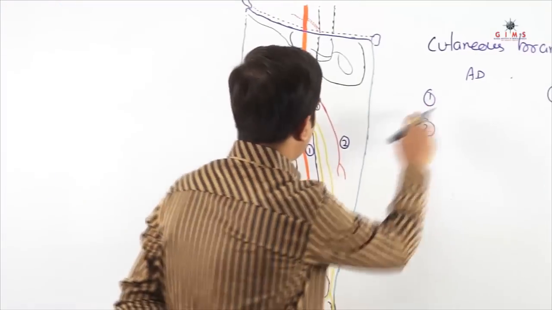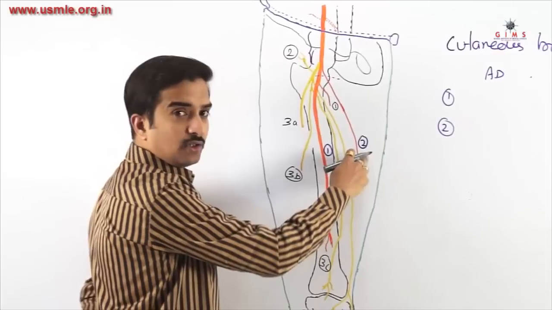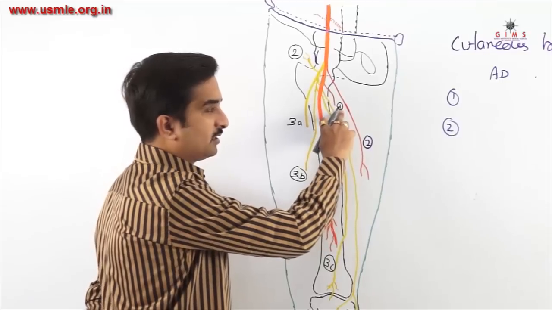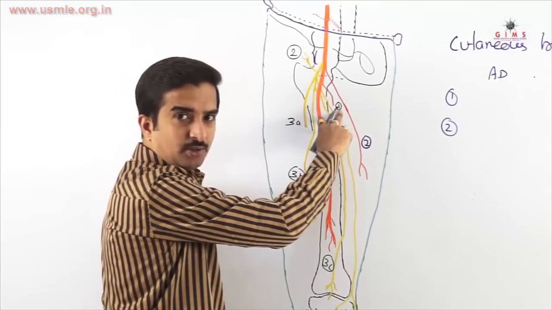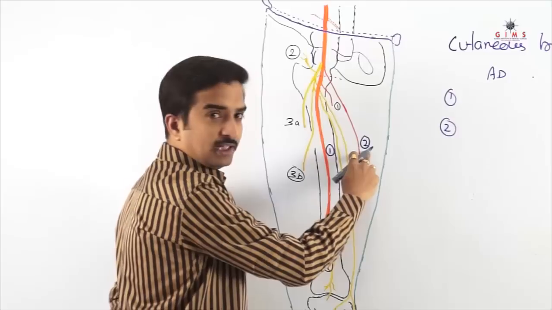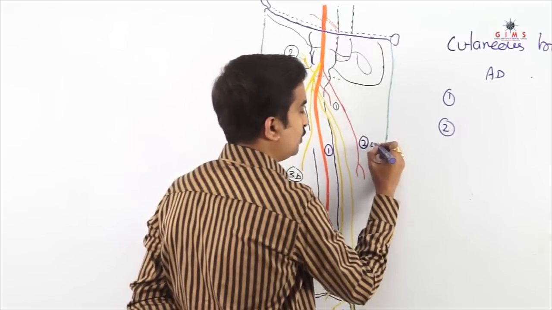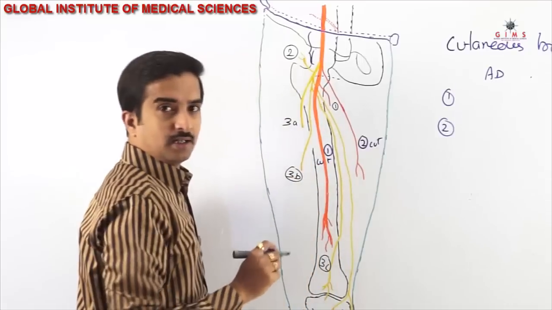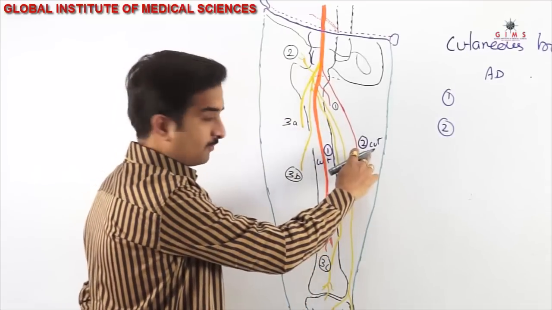You can see the orange one is the anterior division. The anterior division is giving 1 muscular branch, the sartorius, and 2 cutaneous branches. So here I will write cutaneous. Okay, so 2 cutaneous branches.